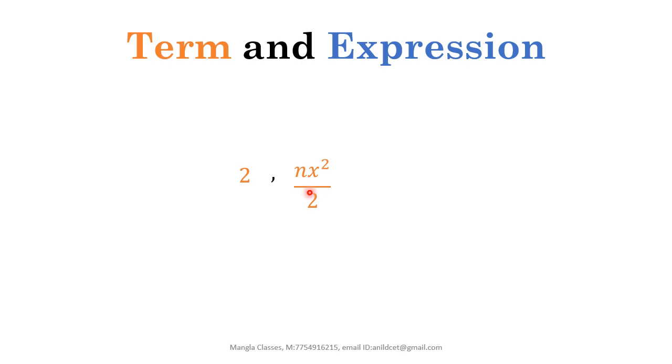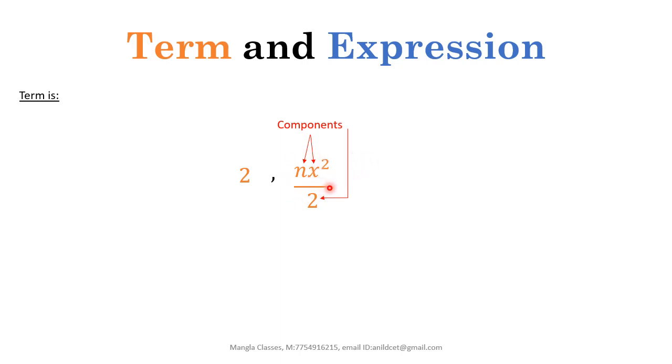But this is a little complex as it contains several components. Here n is being multiplied with x square and it is divided by 2.